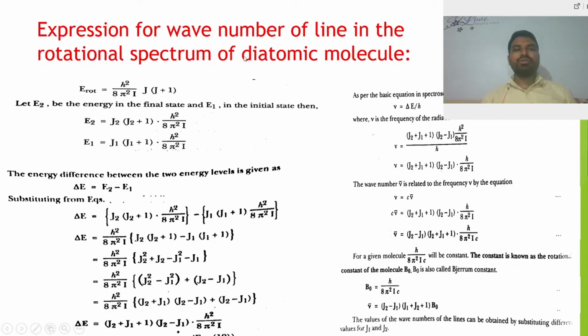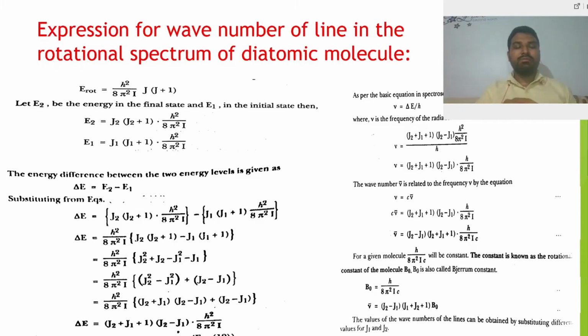Next is the expression for wave number of a line in the rotational spectrum of a diatomic molecule. The energy of rotation is given by h square upon 8 pi square I times j into j plus 1. Now let E2 be the energy in the final state and E1 in the initial state. Then E2 is given by j2 into j2 plus 1 times h square upon 8 pi square I, and E1 is given by j1 into j1 plus 1 times h square upon 8 pi square I. The energy difference between the two levels is delta E, E2 minus E1.